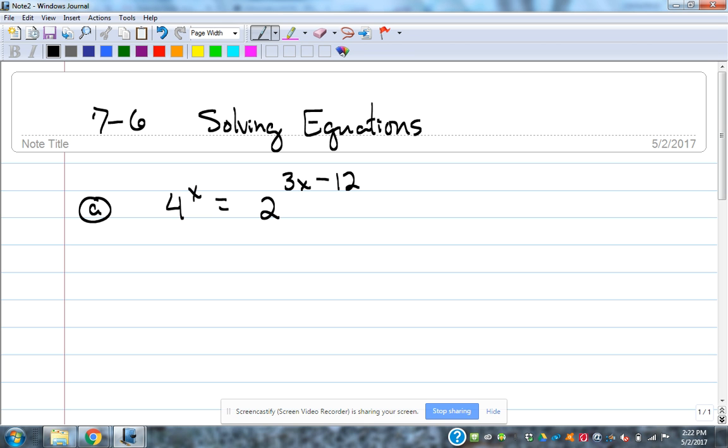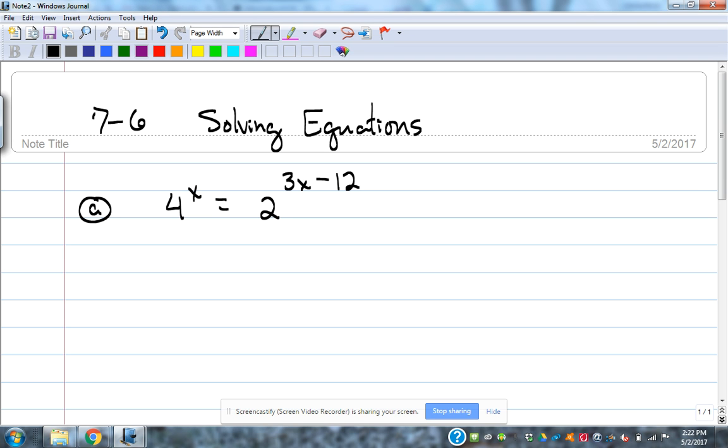One side's a base 4, the other side is a base 2. Are they related? Are 4 and 2 related? 4 is actually what? 2 squared. If they're related like that, that's how I want to solve it, by using that relationship.